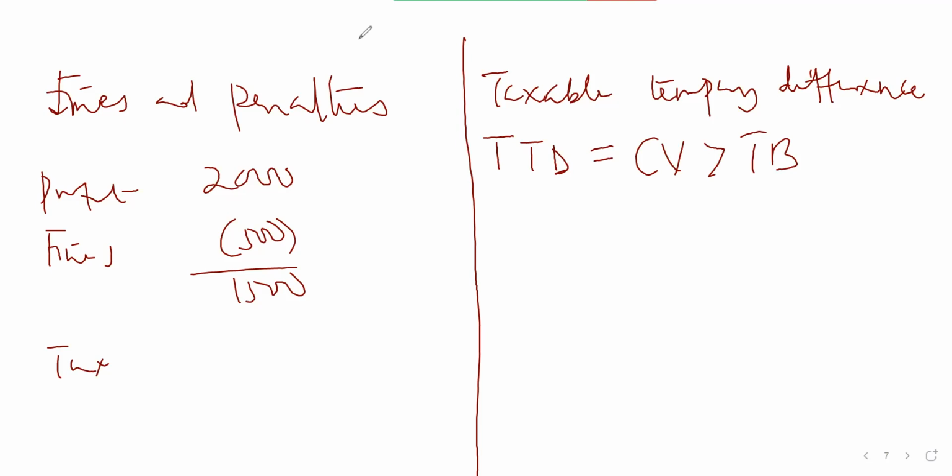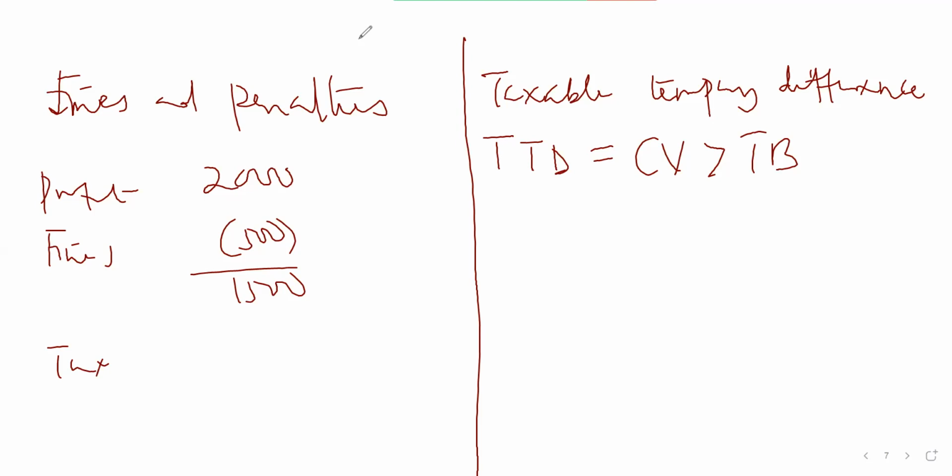The meaning is that the company is enjoying a higher capital allowance today, and they are going to suffer future tax consequences on the excess capital allowance that they're enjoying today. So whenever the company is given a capital allowance which is higher than the depreciation, the difference will always be a taxable temporary difference.